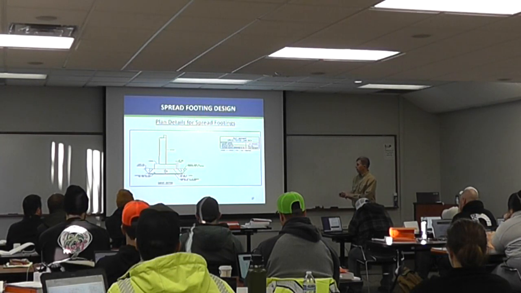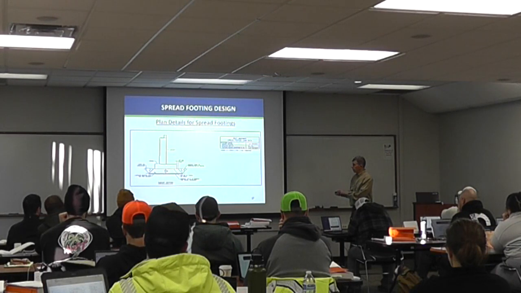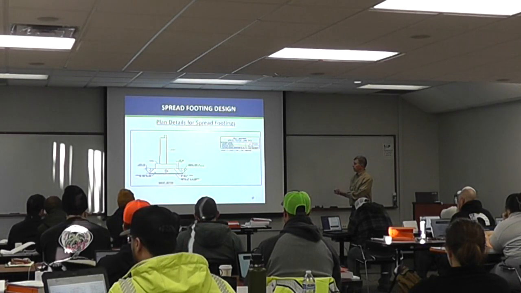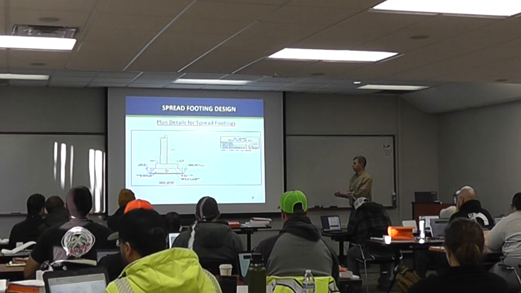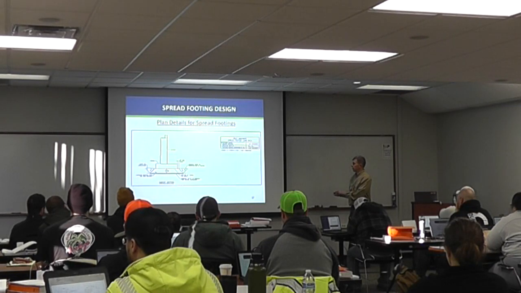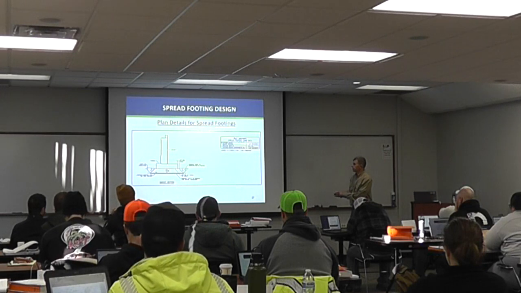I mentioned before that we will always have a larger heel of the footing back here, so that the weight of the soil will help resist overturning. The front face is going to be smaller. Sometimes it will show that you need to put some special material.